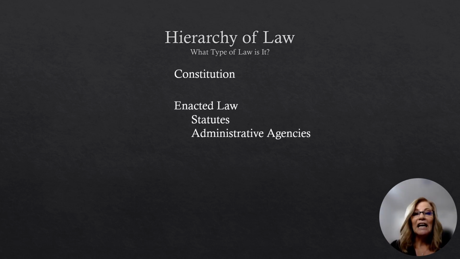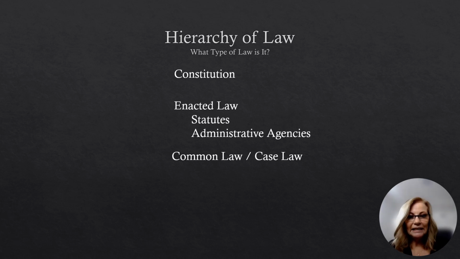Then statutes and regulations that are constitutional take precedent. Then we go to common law and case law. So if common law and case law has been decided, but there's a new statute that says, that's not what we meant, then that common law and case law is no longer good. And that's our hierarchy of law.